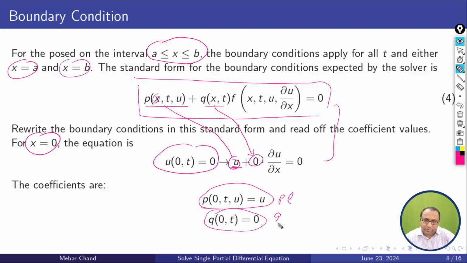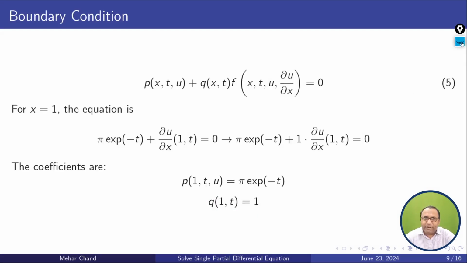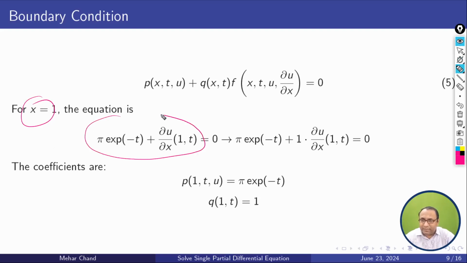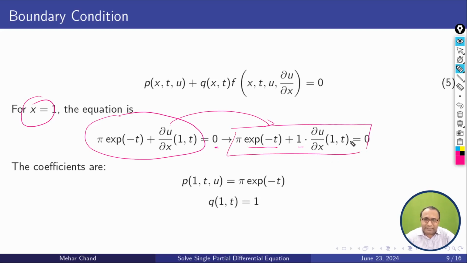Now for x equal to 1, the given boundary condition, pi e to the power minus t plus du/dx at (1,t) equal to 0, can be rewritten in this form: pi e to the power minus t plus 1 times du/dx at (1,t) equal to 0. We compare this expression with the standard form.